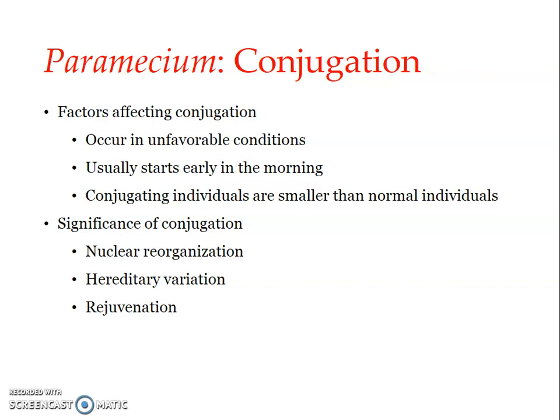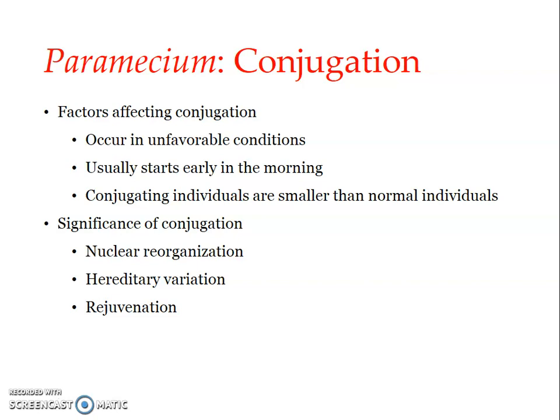So the conjugation process is actually helping in rejuvenation of the individuals. We have already seen that it helps in reorganization, and conjugation is only a temporary union, with no fusion of the cytoplasm, and the zygote is produced by the process of amphimixis. Okay, so this is the significance of conjugation.